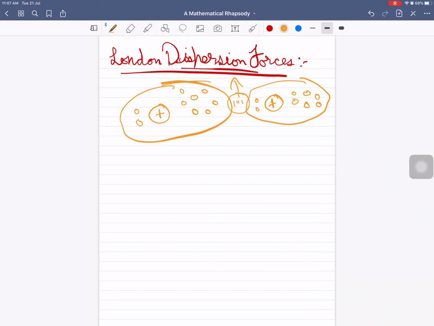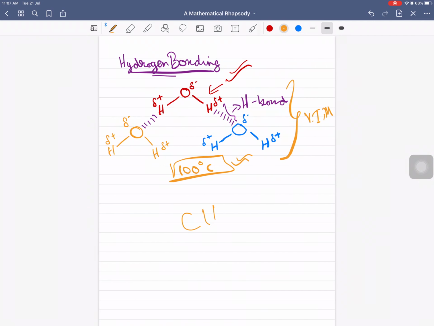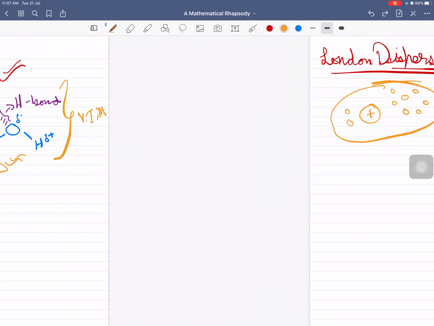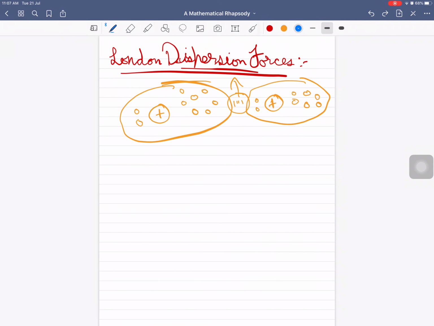Now let's see, for example, as I told you, CH4, right? It doesn't have a hydrogen bond, but in fact has London dispersion forces. C, and you have hydrogen, and hydrogen, and hydrogen. Now, some of the electrons, more amount of electrons have come here, so this creates a partial negative charge.